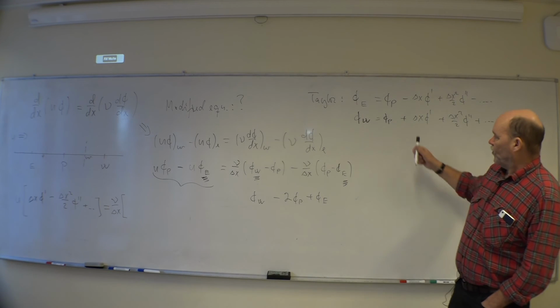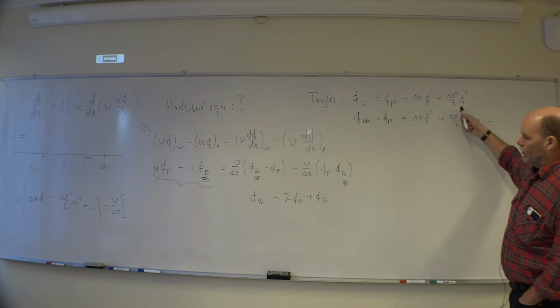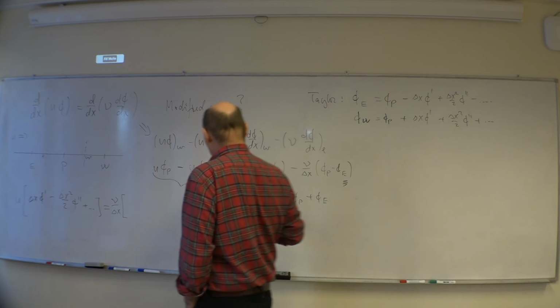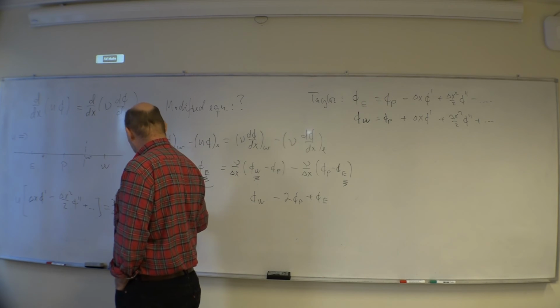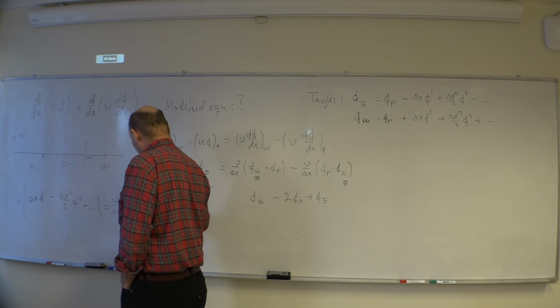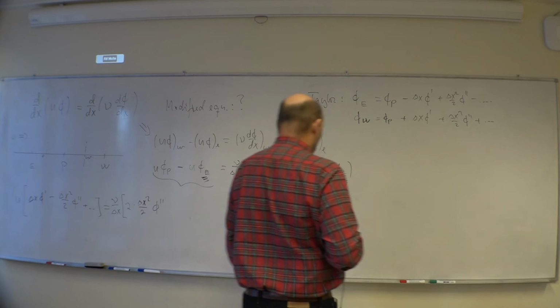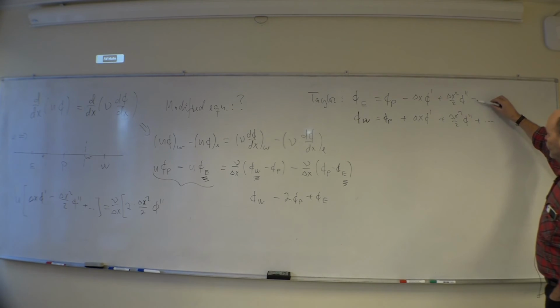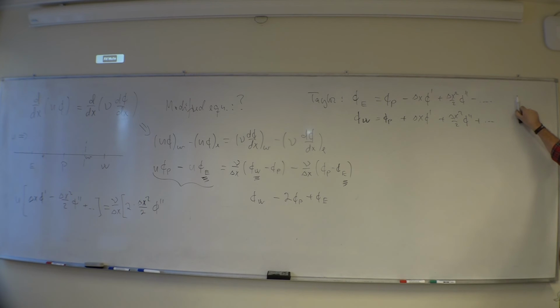No, sorry, both are plus. So these will disappear. But these will survive. You will have 2 of these. So you will have 2 times delta x square half, and then the double derivative. And the next one, here you have plus and minus, so the third term disappears, but the fourth term will be alive.